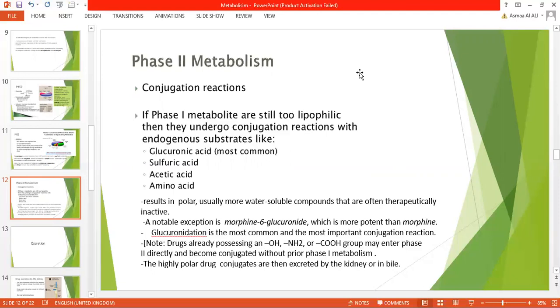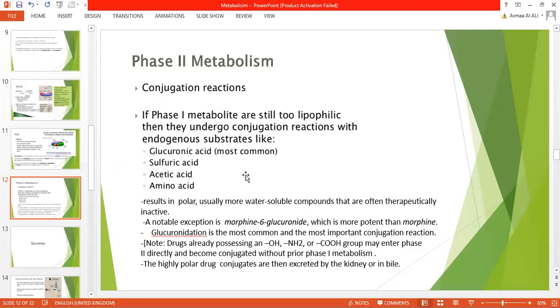However, many phase 1 metabolites are too lipophilic, so they undergo conjugation reaction with endogenous substances such as glucuronic acid, sulfuric acid, acetic acid, and amino acids, which results in polar, usually more water-soluble compounds that are often therapeutically inactive.